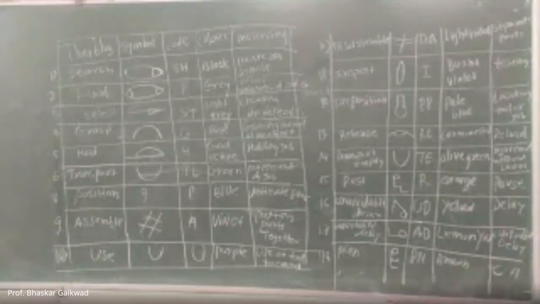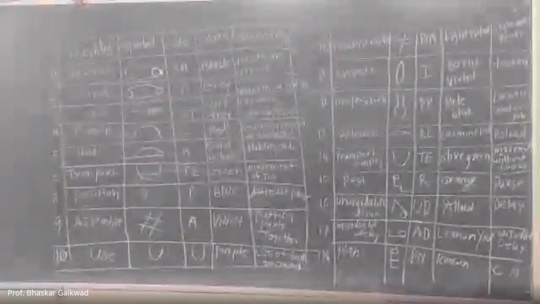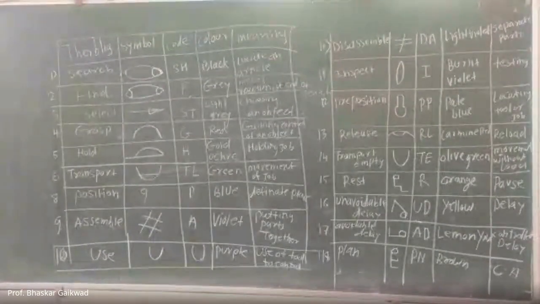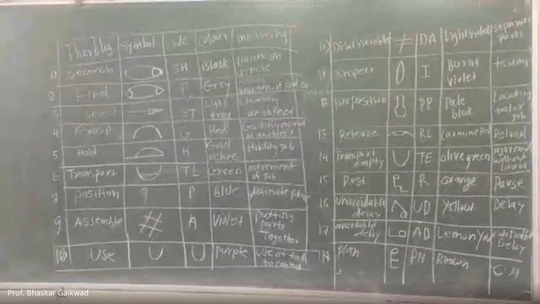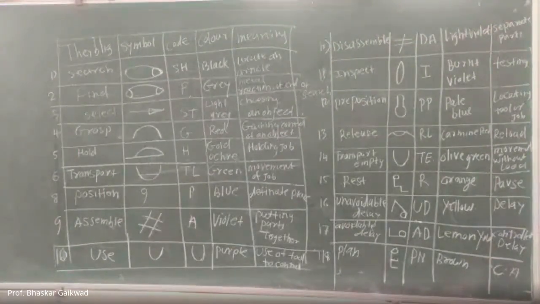For each motion, the time is given, and each motion has a specific word called therblings. On the blackboard you can see a chart with therblings as the specific word for particular motions, and after that the next columns are the symbols, code, colors and meaning.